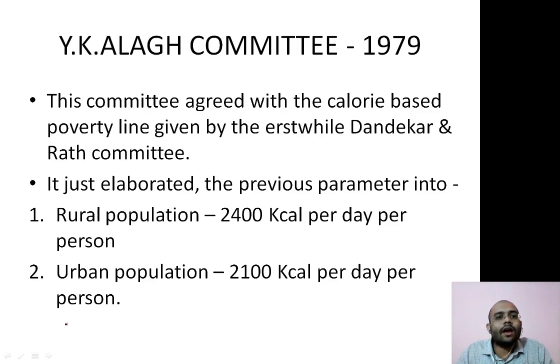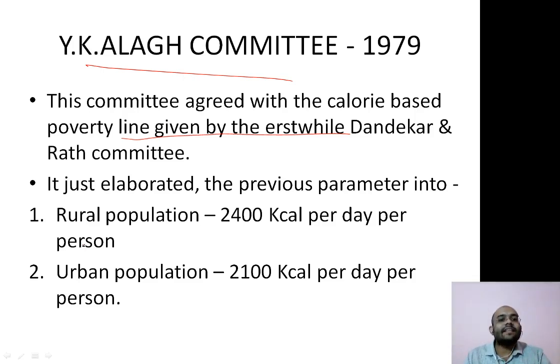Now the Y.K. Alagh committee comes into the picture. The Y.K. Alagh committee of 1979 agreed with the calorie-based poverty line given by the erstwhile Dandekar and Rath committee. But it segregated India into rural India and urban India.